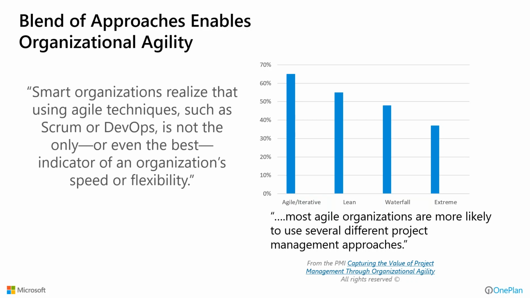The Gartner, PMI basically said that smart organizations realize that using agile techniques such as Scrum or DevOps is not the only or even the best indicator of an organization's speed or flexibility, that most organizations are more likely to use several different approaches because different types of efforts and different types of work may lend themselves to different approaches, whether they be agile iterative, whether they're more lean approaches, more traditional waterfall, or even some other things like extreme programming. So the organizations that do these things and pick the right approach for the right types of work are the ones that are probably the most agile.